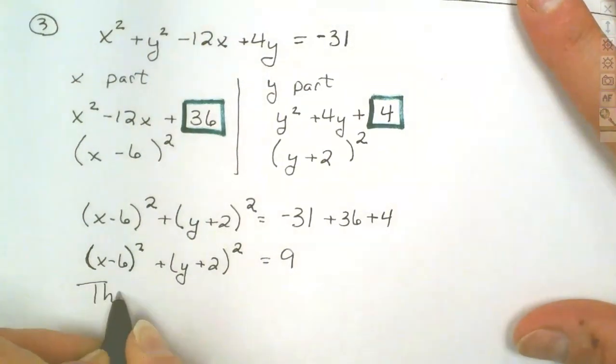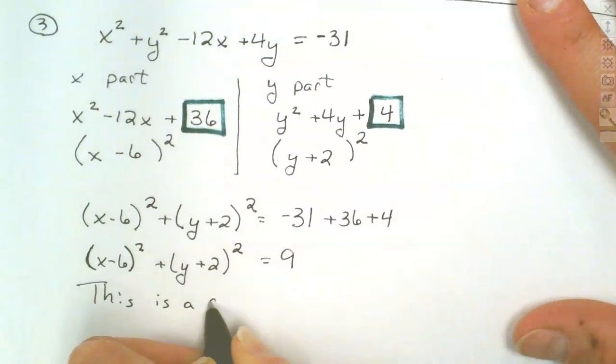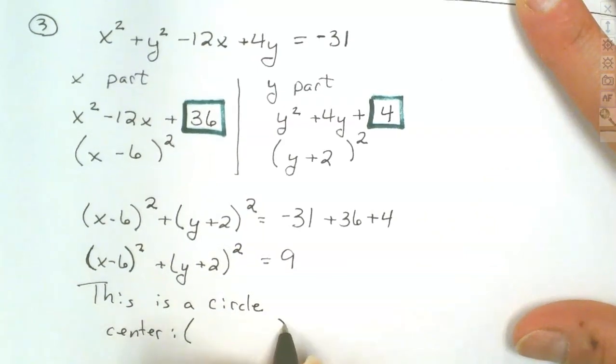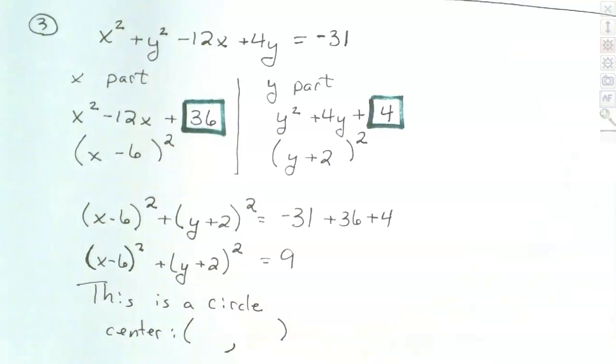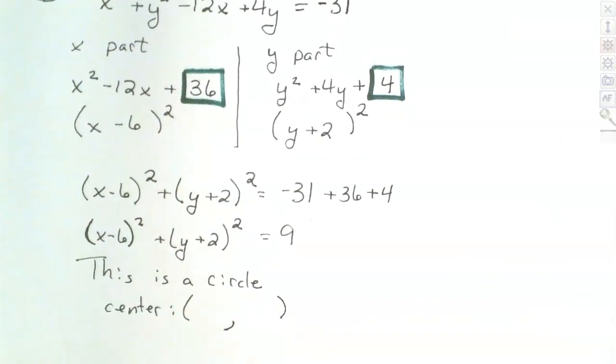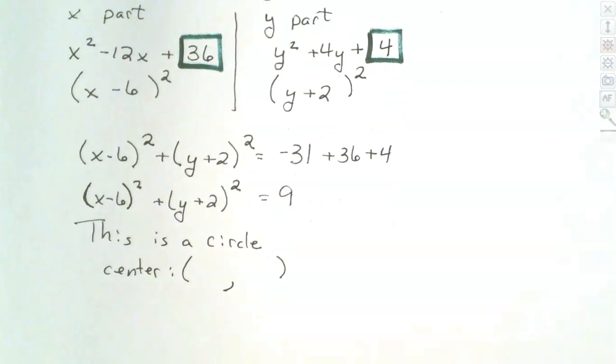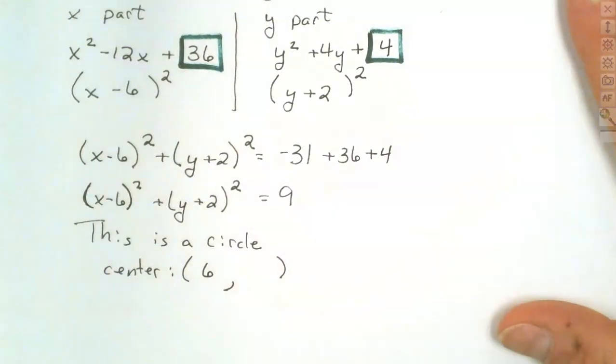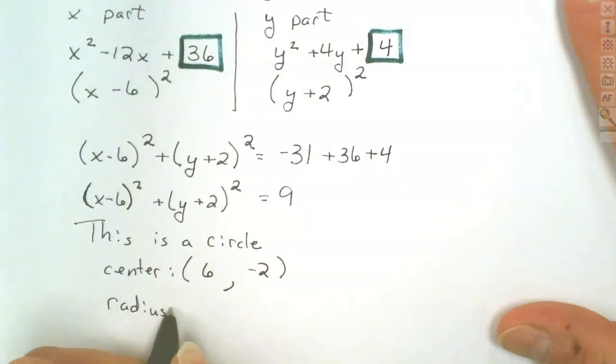So this is a circle. Now, what do we do for the center? Whenever we go back and forth between the center radius form of this circle and the center, what do we do with our signs? Does anyone remember? We have to flip it, right? So that becomes a positive 6 and a negative 2. And my radius is not 9. It is the what? Okay, it's not 9.